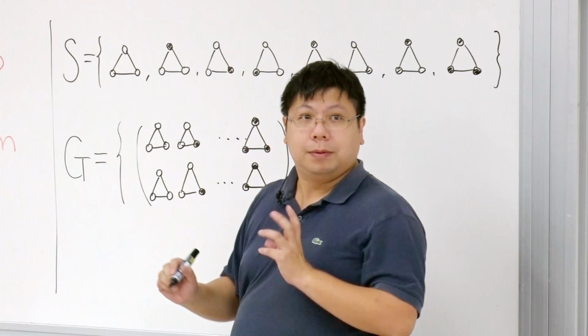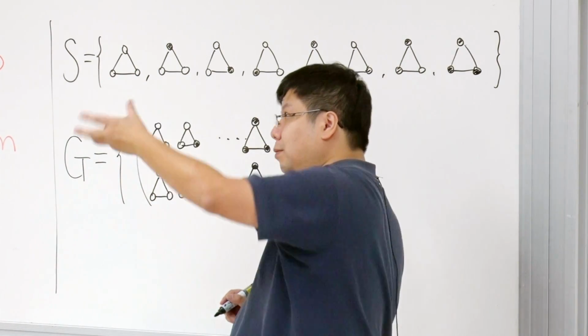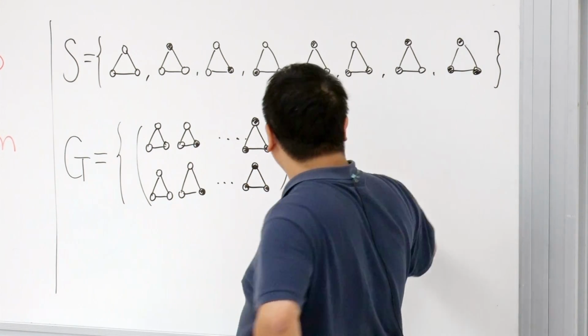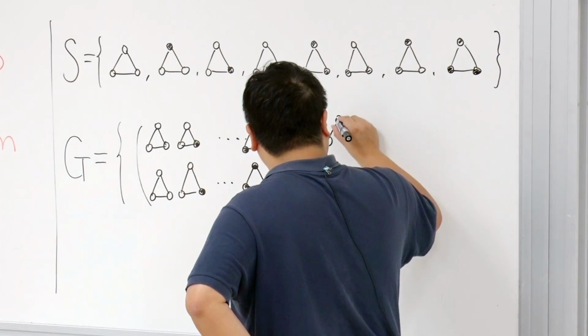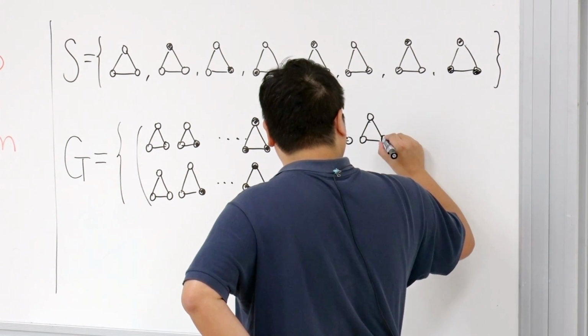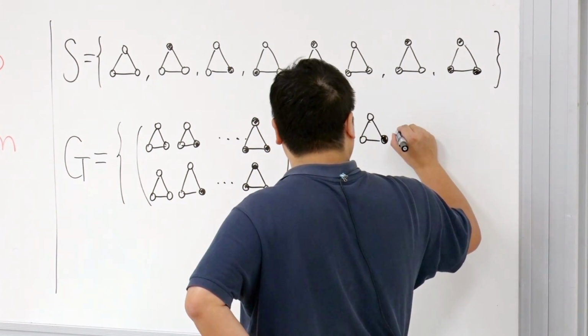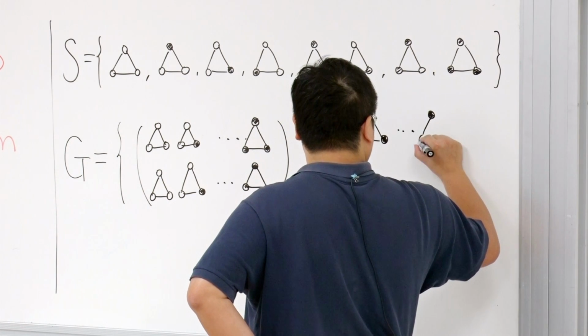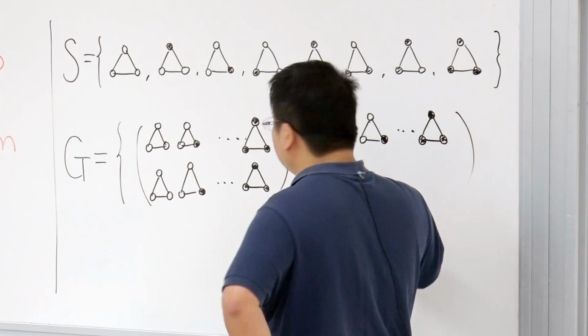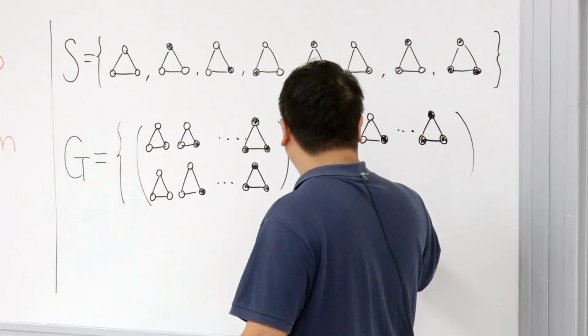Now, the second permutation is like we are going to consider what happens if we rotate each one by 120 degrees. So we are going to have something like this. We rotate each one by 120 clockwise.